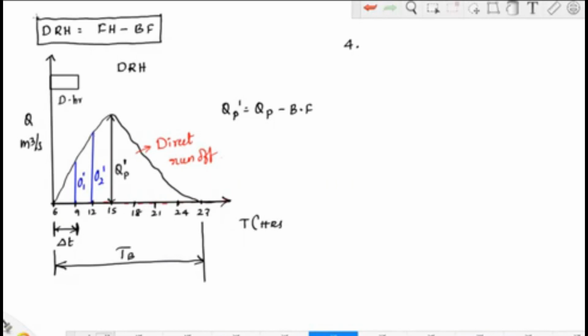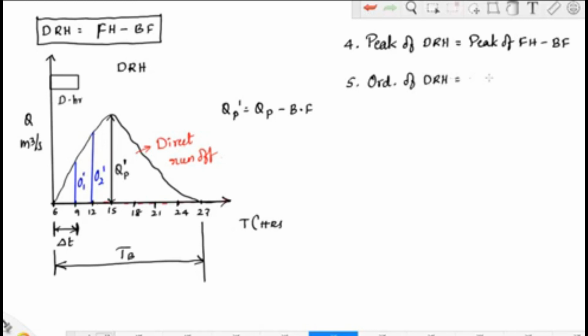Now, sentences you have to remember: if I want to find the peak of DRH, it is the peak of flood hydrograph minus base flow. Similarly, if I want to find any ordinate of DRH other than the peak, it will be the ordinate of flood hydrograph minus base flow.